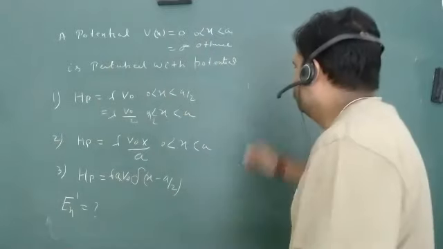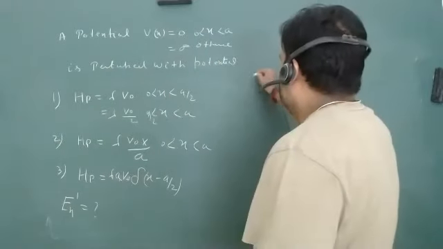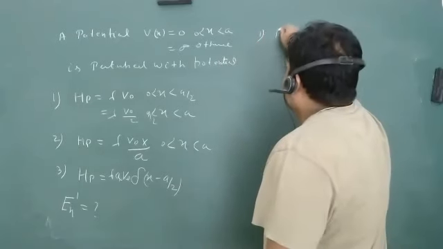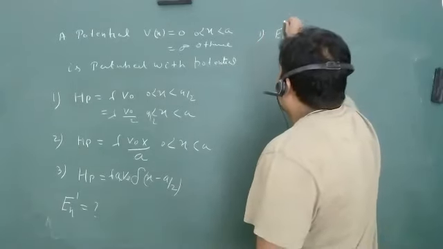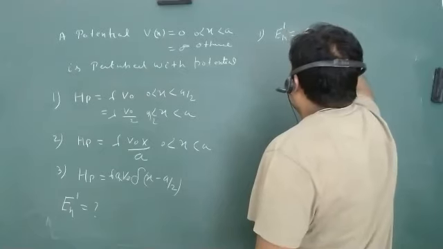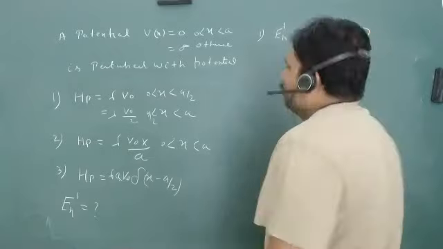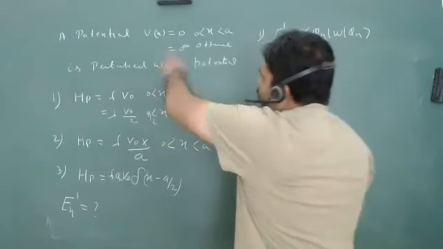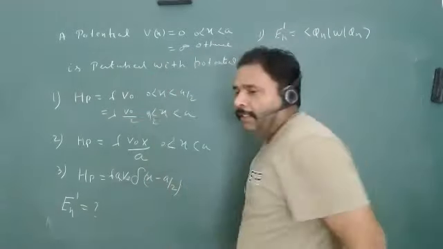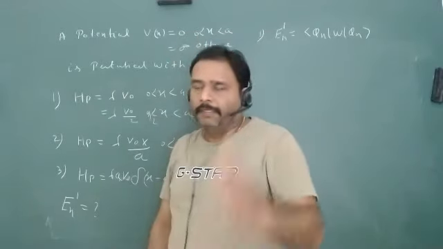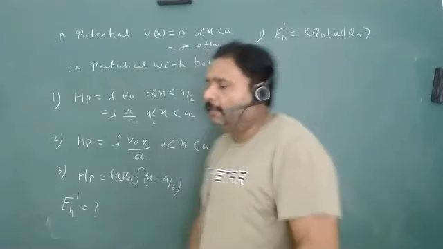Very simple, and all these questions can come into your exam. En1 is basically phi n w phi n. What is phi n? This is nothing but the particle in a box of width 0 to A, so that will be the same function. There is not any problem.